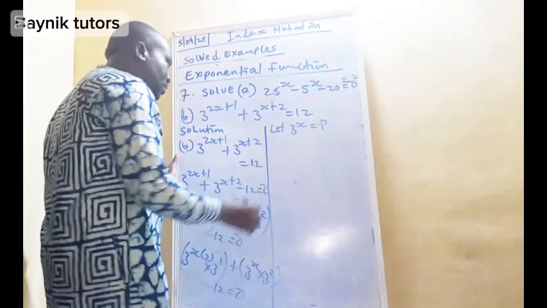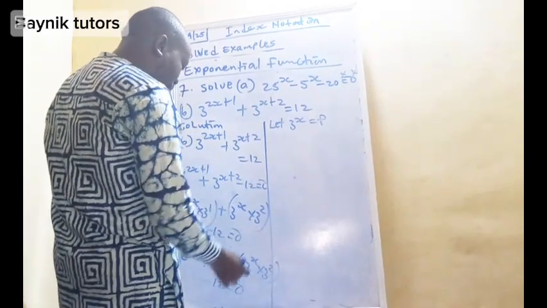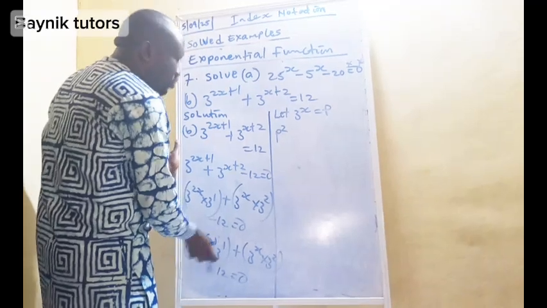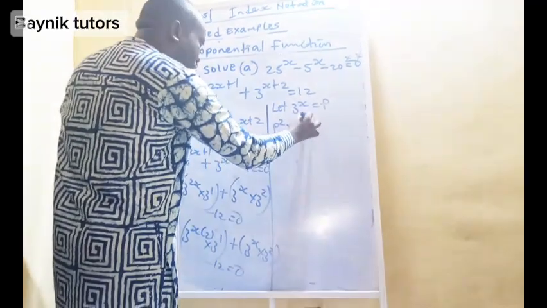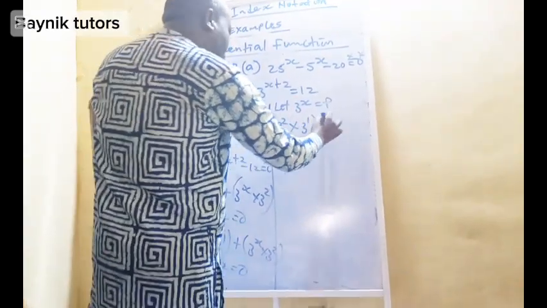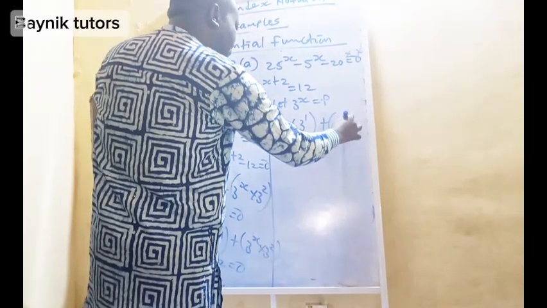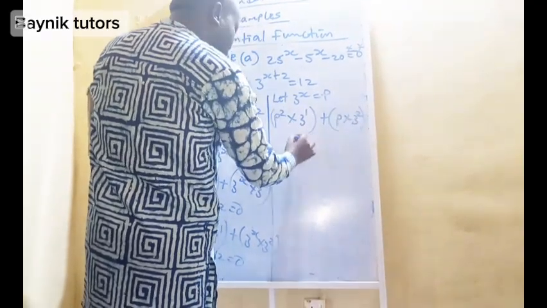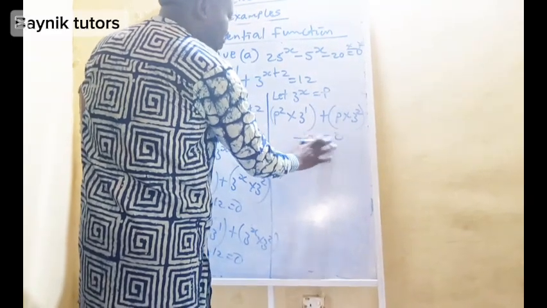We substitute for p: p squared times 3 raised power 1 plus p times 3 raised power 2, then minus 12 is equal to 0.